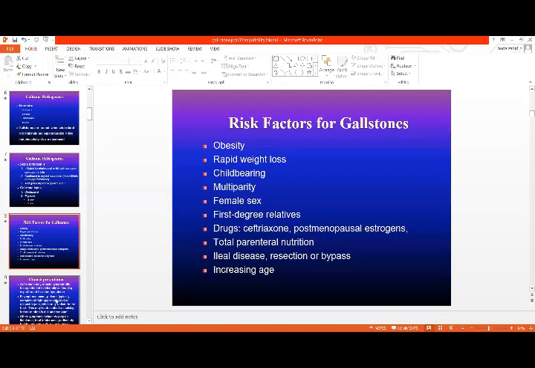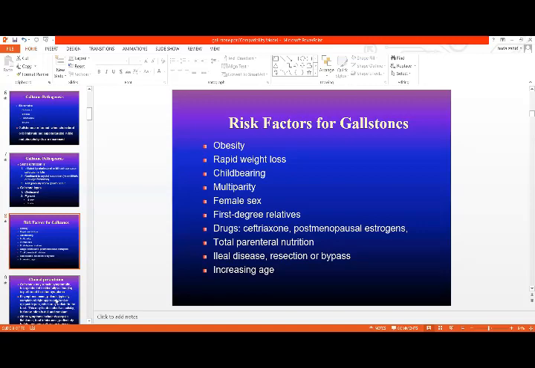So multiparity. बहुत ज़्यादा बच्चे हैं तो ज़्यादा चांसेस हैं. फीमेल सेक्स में, first degree relatives हैं तो ज़्यादा चांसेस हैं. Somebody's on ceftriaxone, they're most likely to get one of the risk factors; also postmenopausal estrogens.